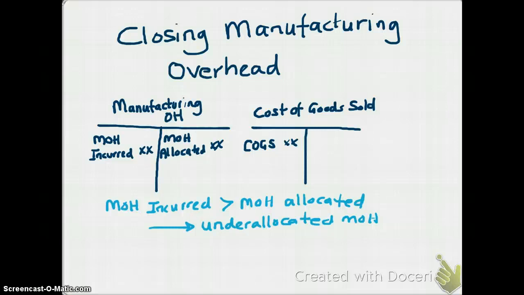The difference has to go to cost of goods sold. So in this case, what we would do is we would debit cost of goods sold and credit manufacturing overhead for the amount of under allocated manufacturing overhead. In this situation, the cost of goods sold increases because we're putting this journal entry on the same side as cost of goods sold.